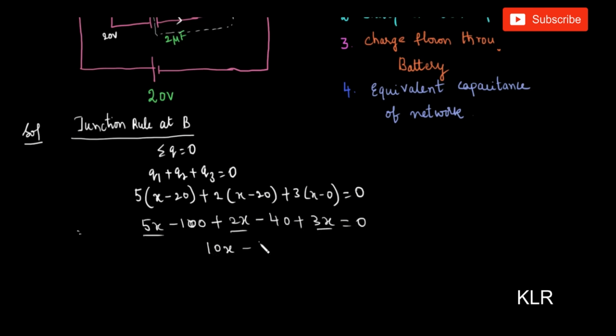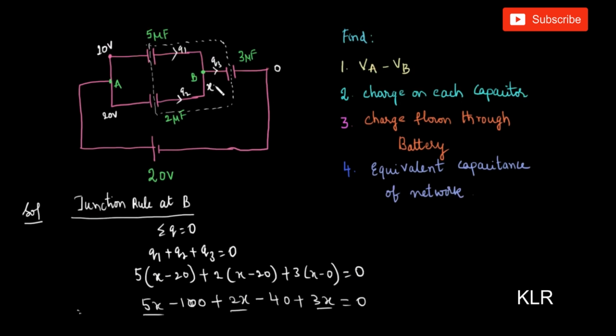So 10x minus 140 is equal to 0, 10x is equal to 140, X is equal to 140 by 10, that is equal to 14 volts. So the X value is 14 volts.